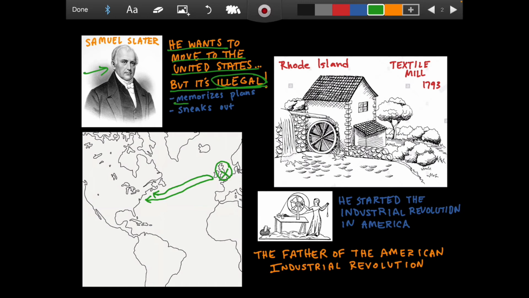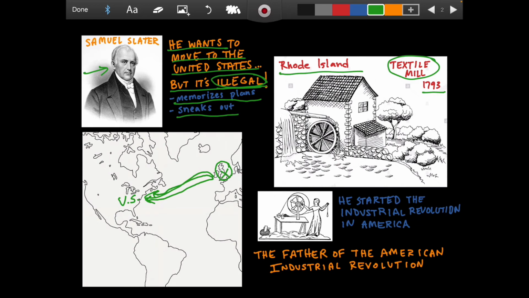So he decides to memorize the plans for his textile mill that he wants to build in America, and he sneaks out. And he's able to get from Great Britain over to the United States. He finally arrives in 1793, and he creates the first textile mill in America in the state of Rhode Island.